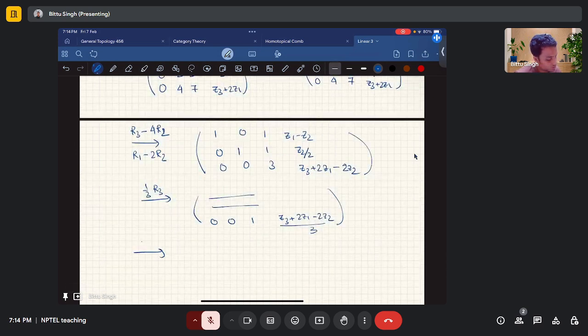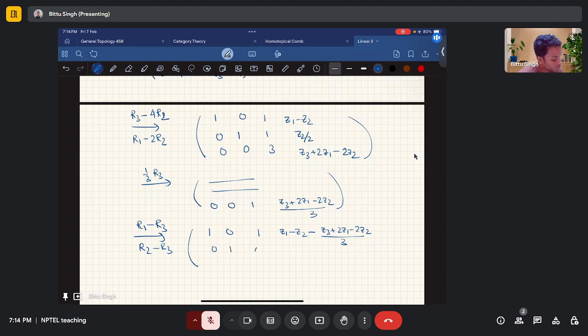Then from R1 subtract R3, and from R2 subtract R3. So this gives us 1, 0, 0, and Z1 minus Z2 minus R3, that is Z3 plus 2Z1 minus 2Z2 by 3.